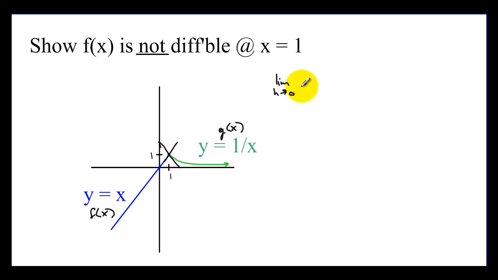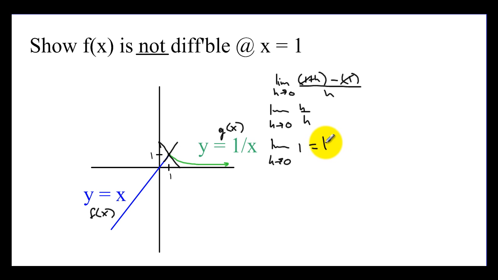So we have the limit as h approaches 0 of f of 1 plus h minus f of 1 over h. Let's see, 1 minus 1 will go away, and then we'll have h over h. So we have the limit as h approaches 0 of 1, which will equal 1. There's the left-hand limit.